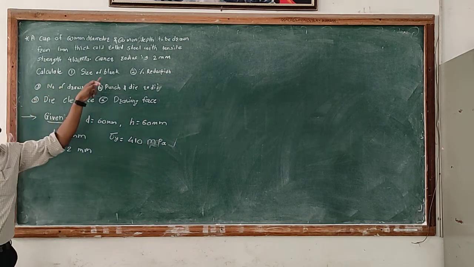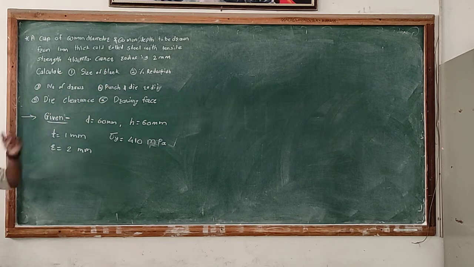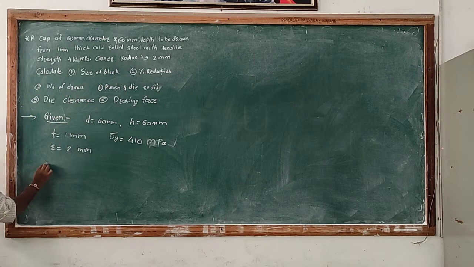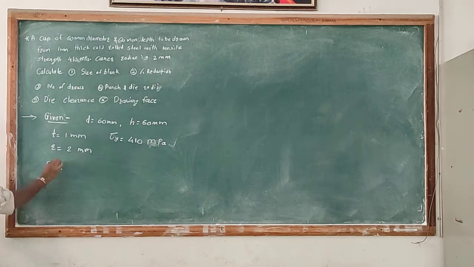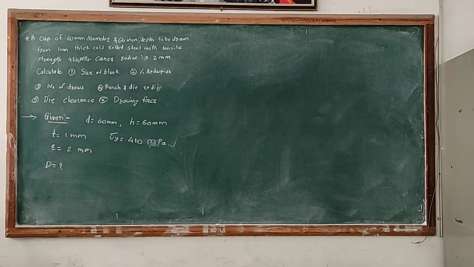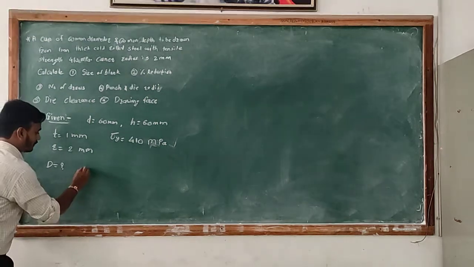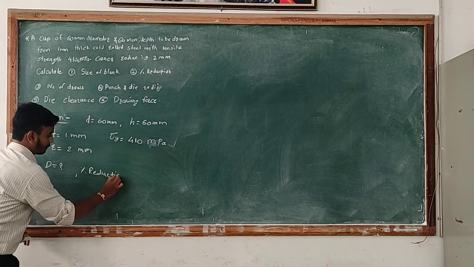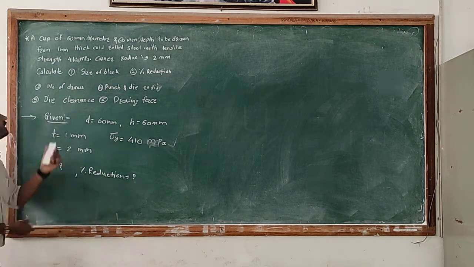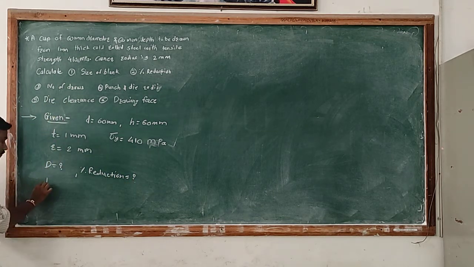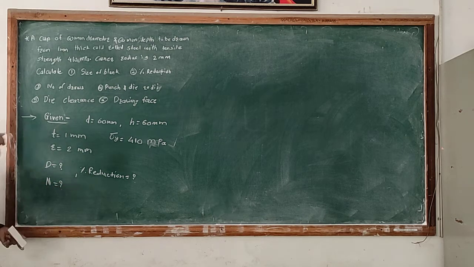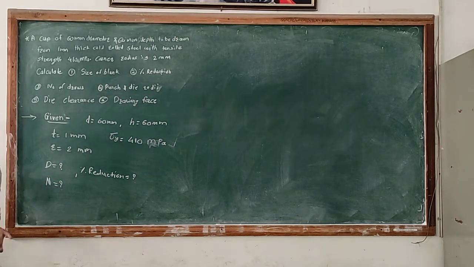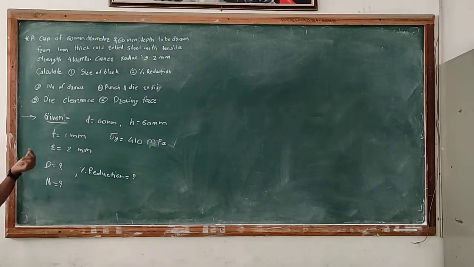And they ask us to calculate six different things. First, they ask the blank size, which means capital D. Second, the percentage reduction. Third, the number of draws, meaning the number of draws required to obtain the 60 mm diameter and 60 mm height cup shape.